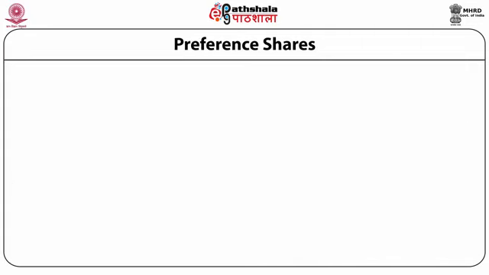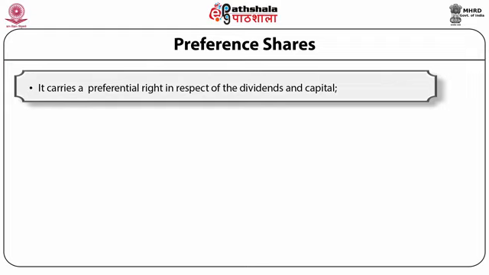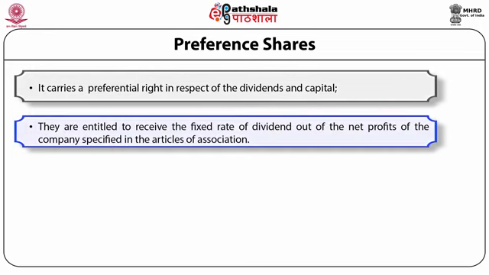Preference shares. They carry a preferential right in respect of dividends and capital. They are entitled to receive a fixed rate of dividend out of the net profits of the company specified in the articles of association.